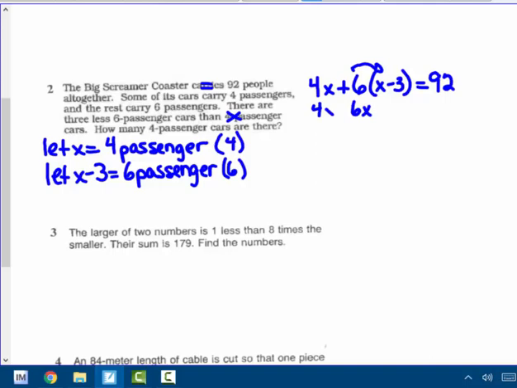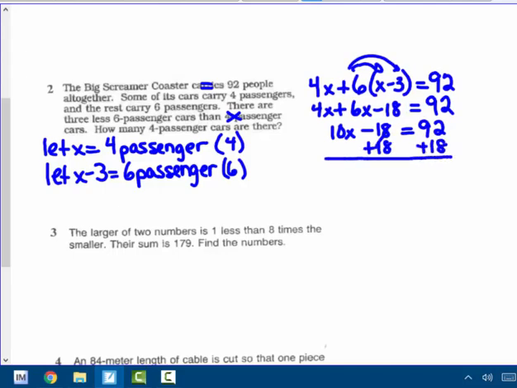So I have 4X plus 6X, which I know is going to give me 10X. And 6 times that negative 3 is negative 18. So I have 10X minus 18 equals 92. So I'm going to add 18 on both sides and balance this equation. And I get 10X has to equal 110.